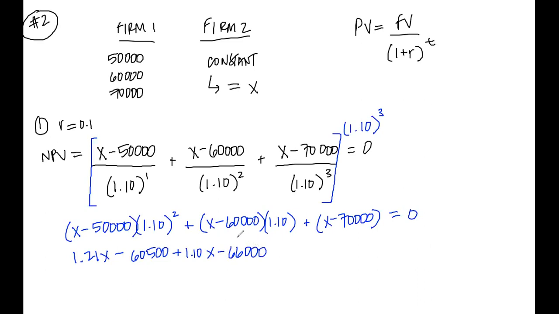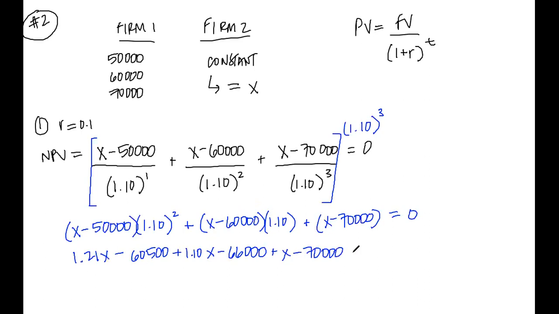Because now we've moved on to this part, and 1.01 just stays 1.01. So this gets distributed there and there. And then we can add in this last term, which is just plus x, and then minus 70,000.